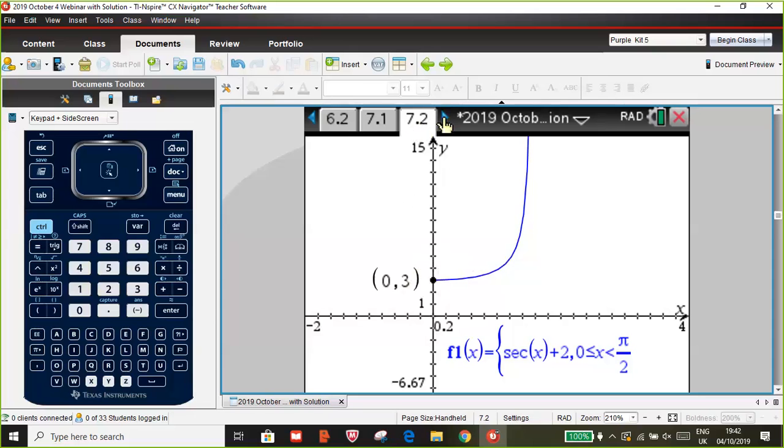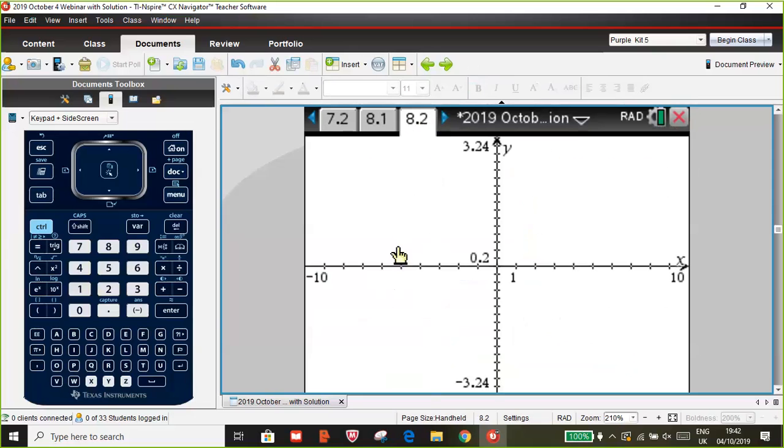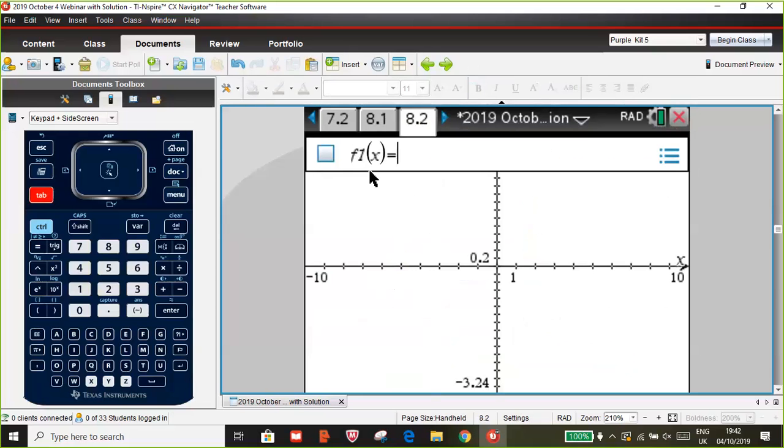So, next question. Moving on. This is a very simple one. Basically, it is to show intersection. Okay? Just do that. Tab.